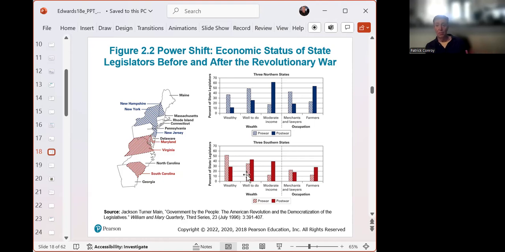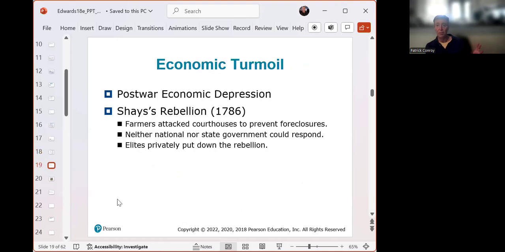Farmers in the southern states. And there was an economic depression. A lot of that had to do with it being harder to get Britain to buy stuff like they had been before.